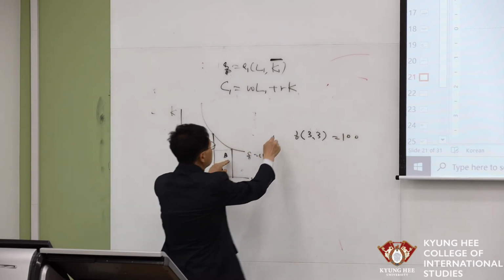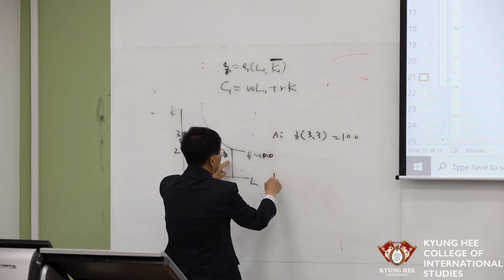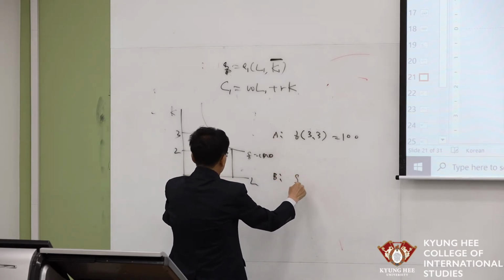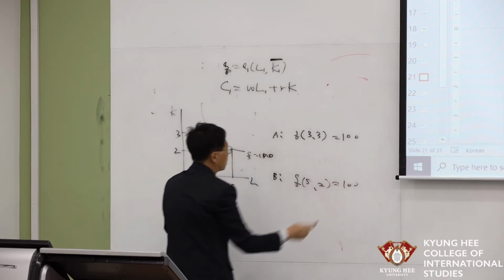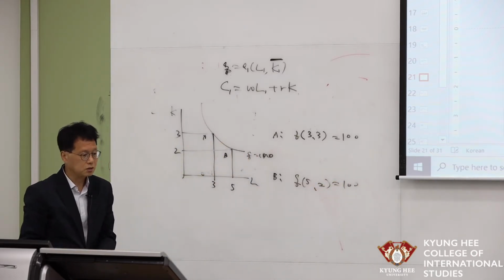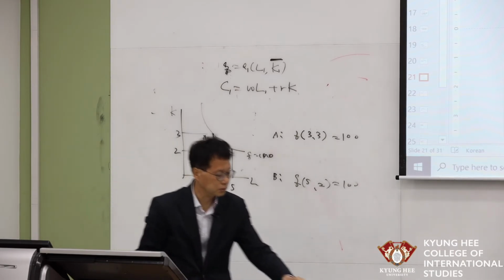At point B, 5 labor and 2 capital input also produce the same 100 pans of pizza a day, for example. Same, isn't it?